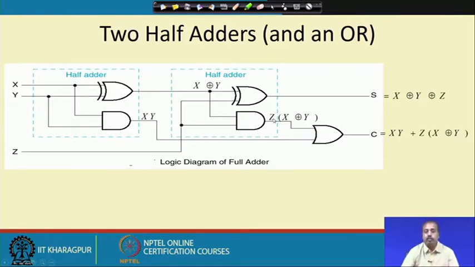So, here we get z into x XOR y. Ultimately, if I use an OR gate to OR these two outputs, you get C equal to x y plus z into x XOR y. So, that is the full adder logic diagram. Using these half adders, we can realize a full adder.